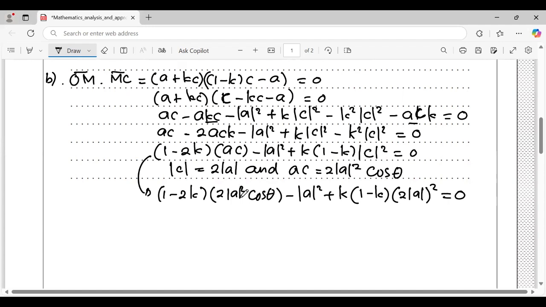And after that I will factorize this one and this one, becomes 2 times 1 minus 2K, A squared cosine theta.